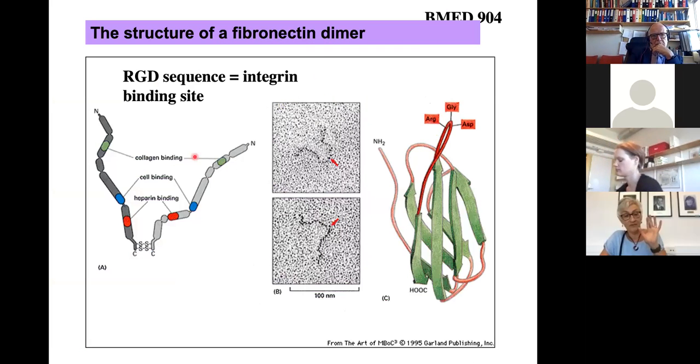And fibronectin is a dimer made from only one gene, which can be alternatively spliced. The subunits are disulfide bonded, and this cell binding sequence is present in the 10th fibronectin type 3 repeat.